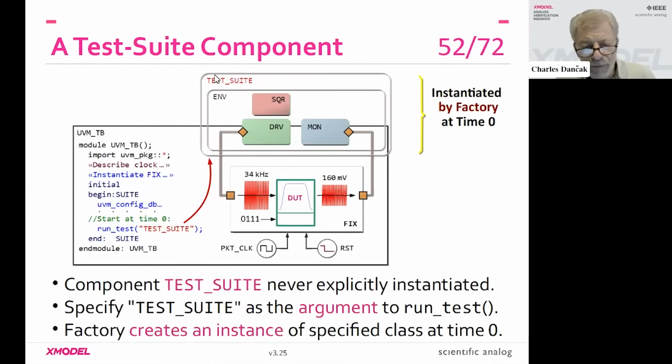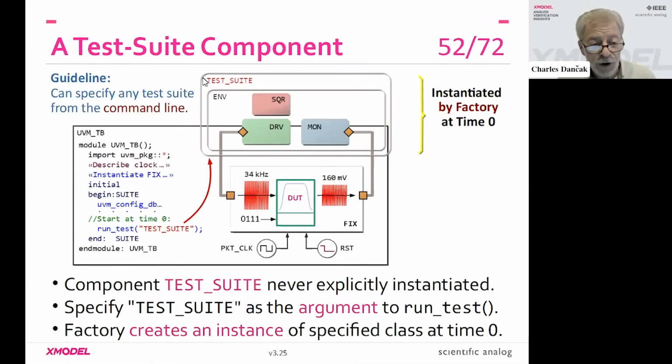You may actually have more than one that you can run. And this is a great feature because you can specify different test suites from the command line without recompiling your code. We'll highlight this in our next project, by the way.